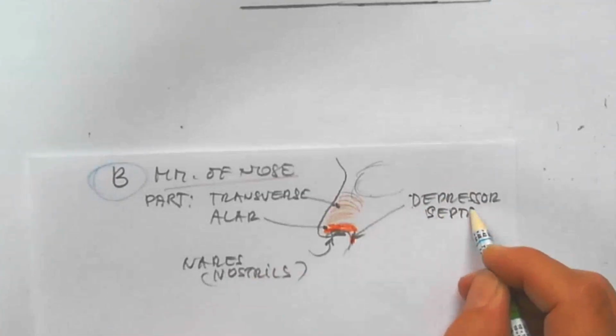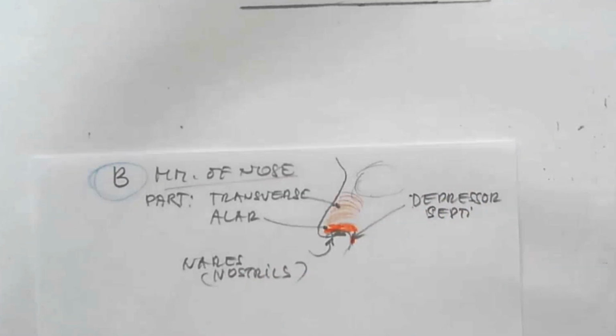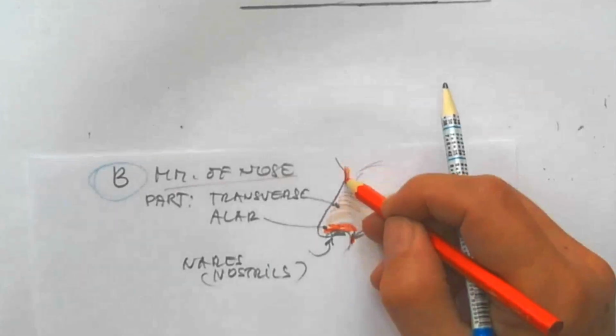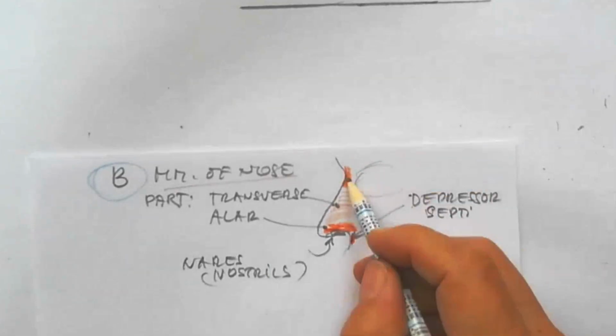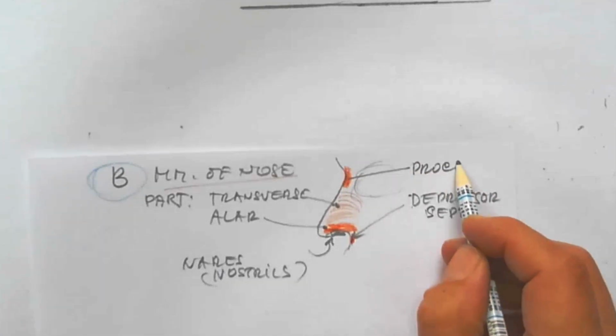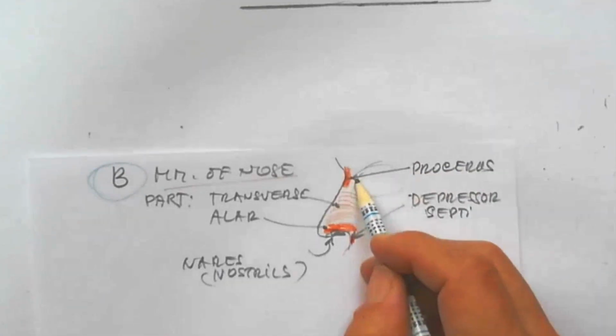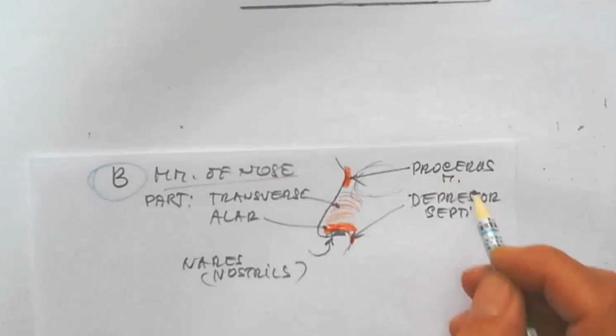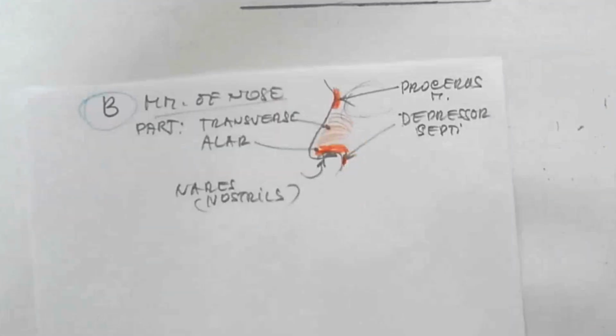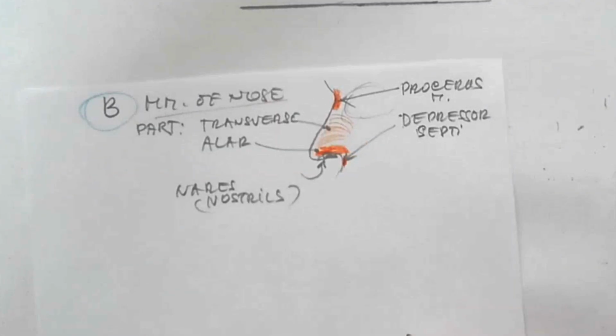That's it. Here is also the procerus. It lies above that. It's not bad to know that there is also procerus. Procerus is responsible for the horizontally passing wrinkles. I'm sure that this is good.